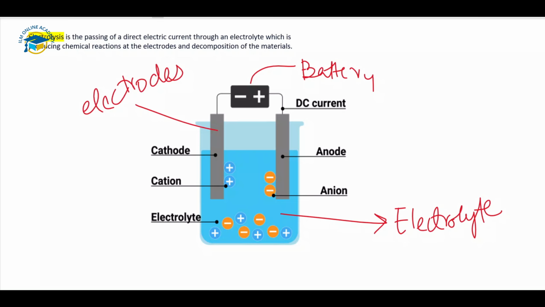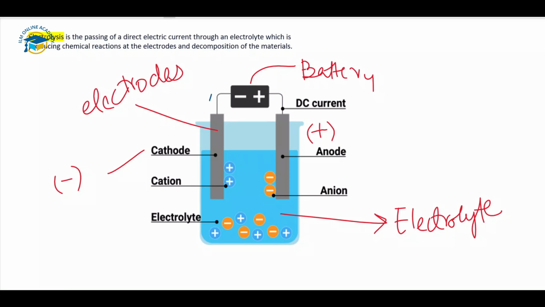Next, the cathode has the negative charge because it is connected to the negative terminal of the battery, and the anode has the positive charge because it is connected to the positive terminal of the battery, as you can see on my screen.